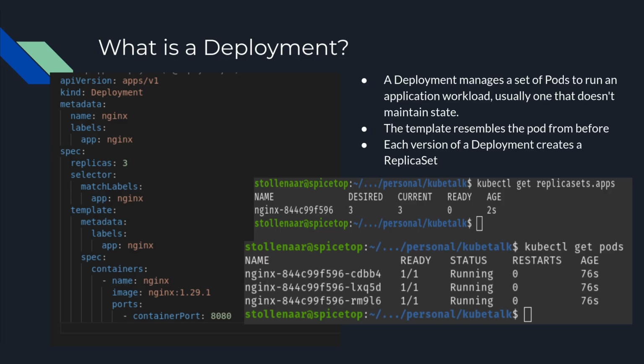This is the pod that the template represents, the pod that I want to have it run. Run it for me. And I can scale that up and down using my replicas. And when I create a new iteration of this Nginx app, I'll just reapply it, and Kubernetes will create a thing called a replica set, rolls it out, removes the old one, and you have your new version running.